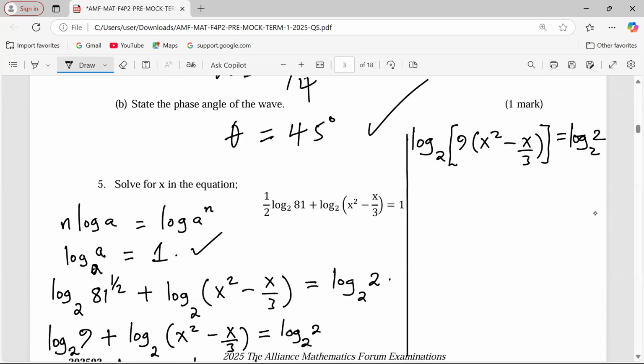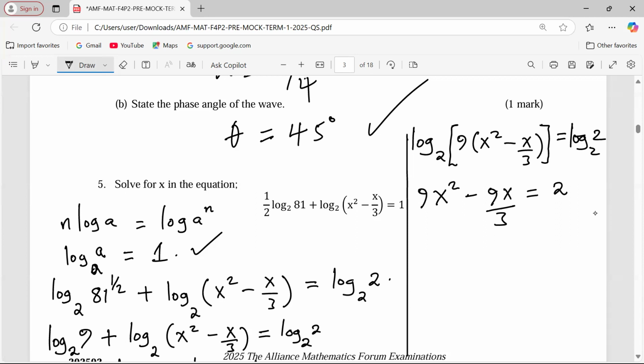Now, the laws have fully been applied. So we can equate the right-hand side and the left-hand side, whereby we will drop logarithms and open brackets here to be 9x squared minus 9x over 3 being equivalent to 2, because log to base 2 has been dropped.